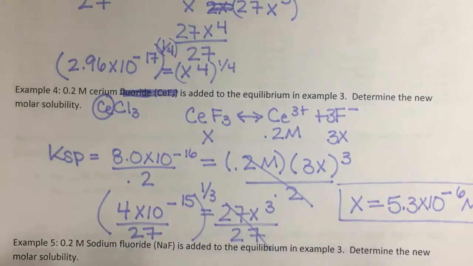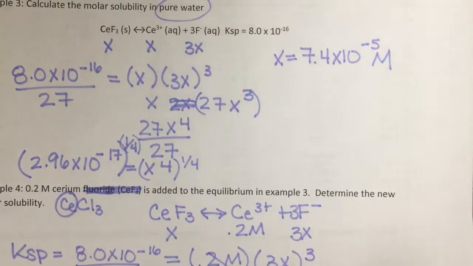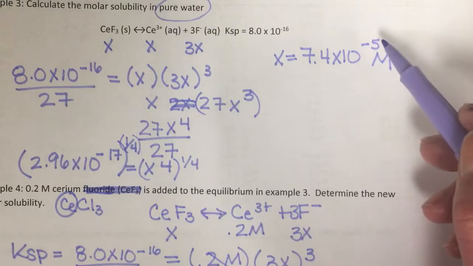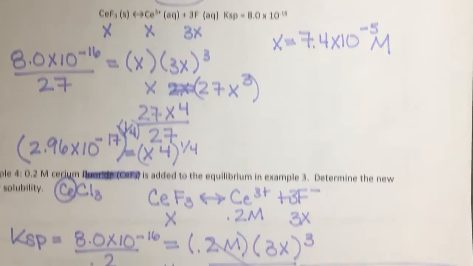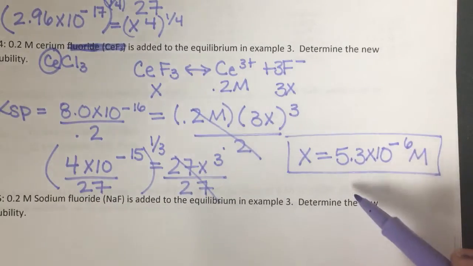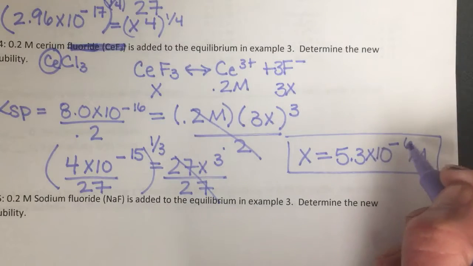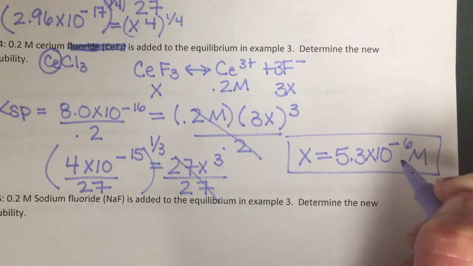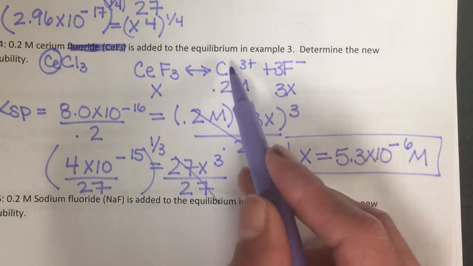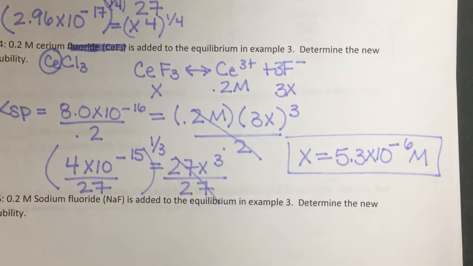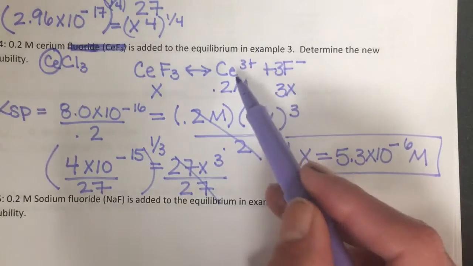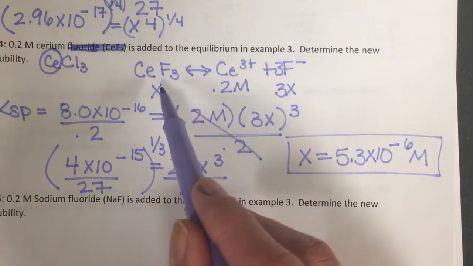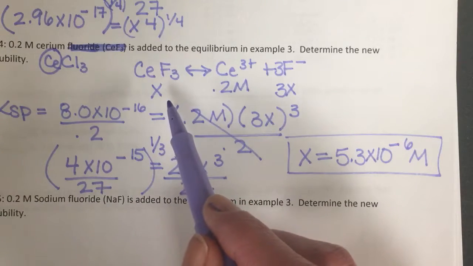So originally, in pure water, I was able to get 7.4 times 10 to the negative 5th to dissolve. Now, I can only get 5.3 times 10 to the negative 6th. A lot less is able to dissolve because I already have some of this Ce3+ ion in solution. So by adding a common ion, I decrease the amount of my original solid that's able to dissolve.